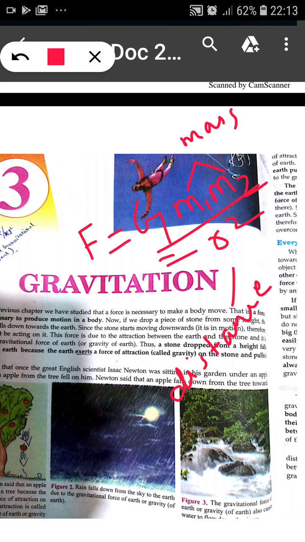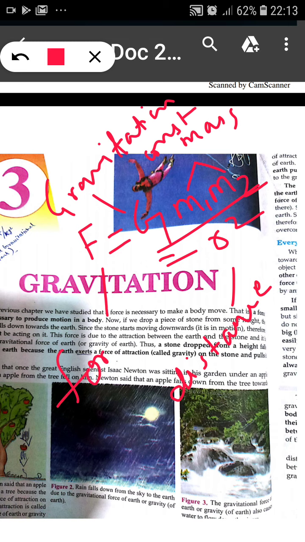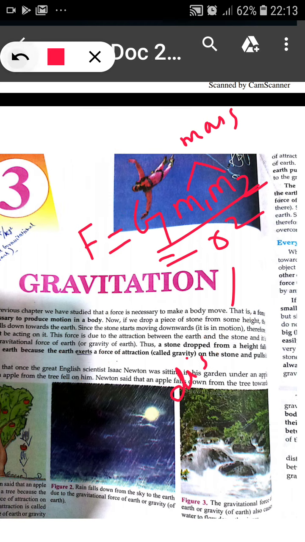G is the gravitational constant and F is the gravitational force. Got it? So we will be going through the formula as well as the numericals regarding this formula.